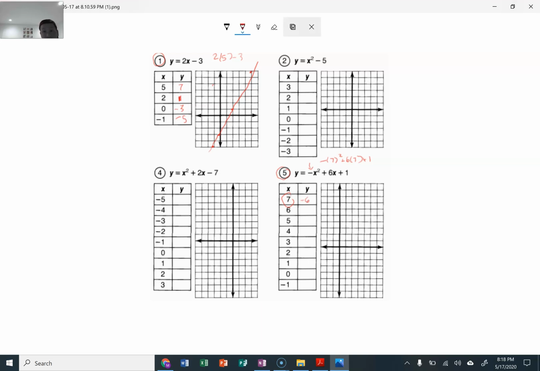Make sure you show your substitution. You should get the following values: 1, 6, 9, 10, 9, 6, 1, and then the last one I forgot to calculate, which I'll do really quick.